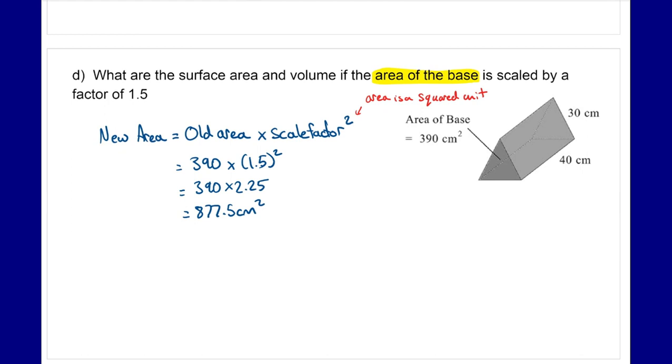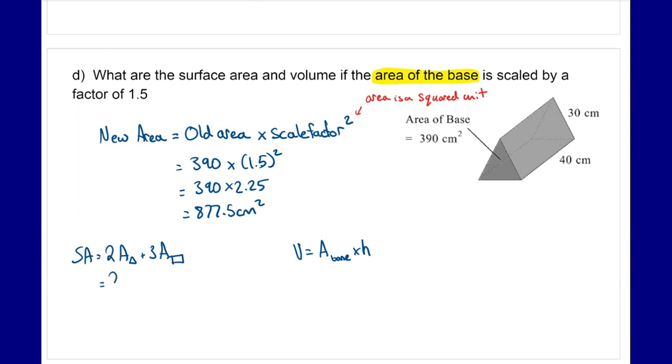Going back to this question, we do have our new area. Now we can plug it into our old surface area formula, which was 2 times the area of the triangle plus 3 times the area of the rectangles, because they're the same. And our volume is the area of the base times the height.